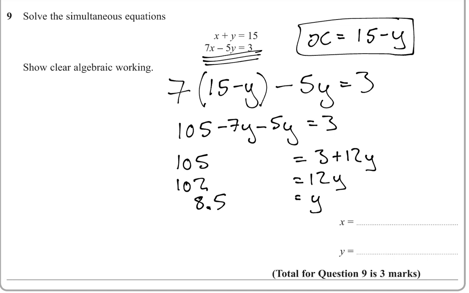Which is 8.5. And if y is 8.5, then according to my statement in my box, x is 15 minus y, which is 8.5. So that's 7.5. Now the great thing about this is I can check that this works. So does it work in the first statement?